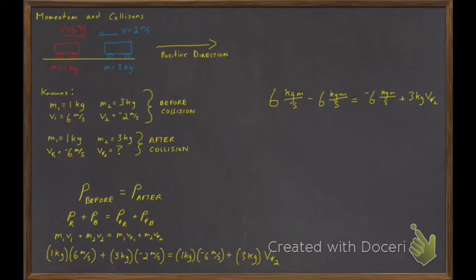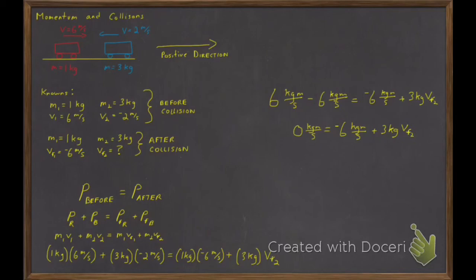So we get 0 kilogram meter per second equal to a negative 6 kilogram meter per second plus 3 kilogram VF2.